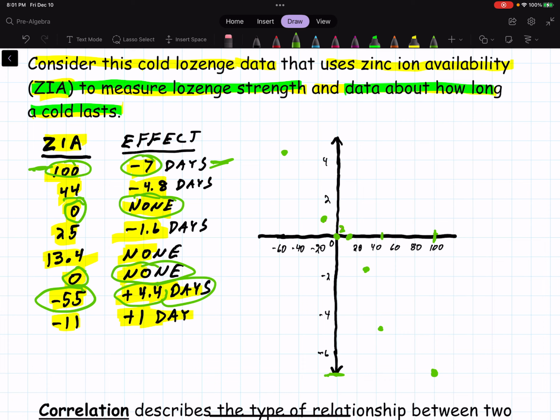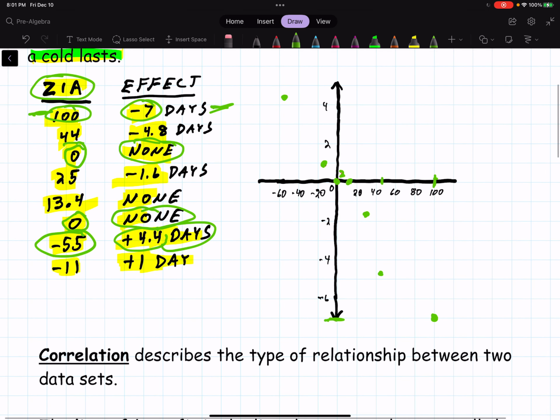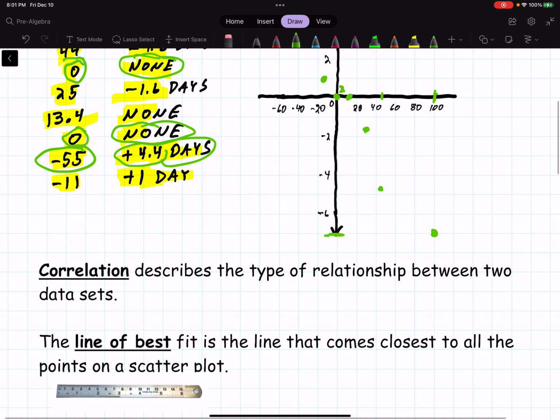So it appears that there's some kind of effect here that I need a higher ZIA count in order to lessen my cold. And when you see something like that, that's called a correlation.